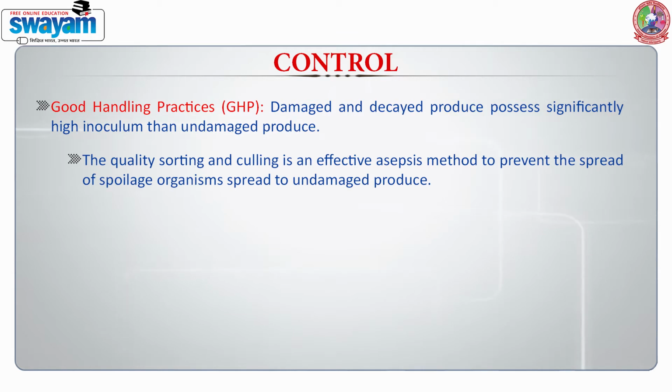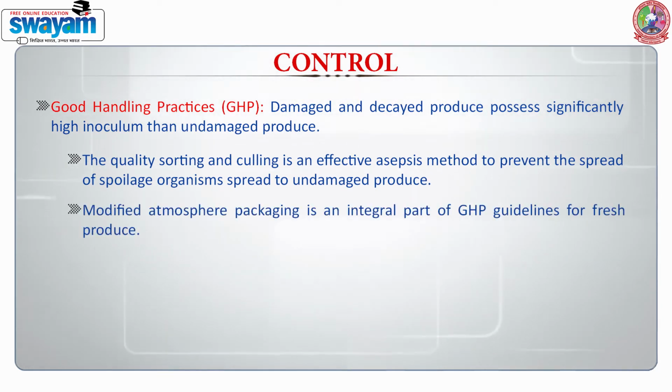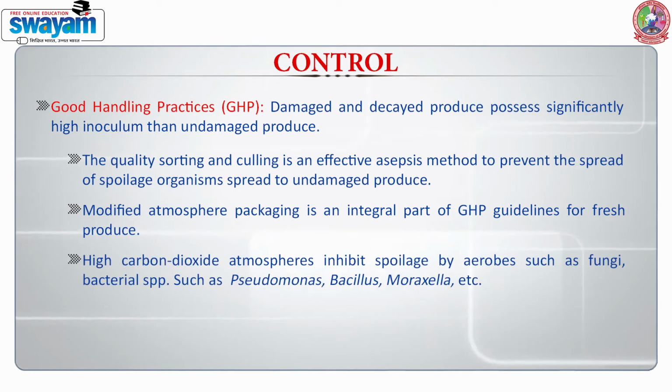to the undamaged products. In this direction, there is another technique which is known as modified atmosphere packaging. This is an integral component of GHP guidelines for the fresh produce. High carbon dioxide atmosphere inhibits the spoilage by the aerobic microorganisms such as fungi and bacteria species.